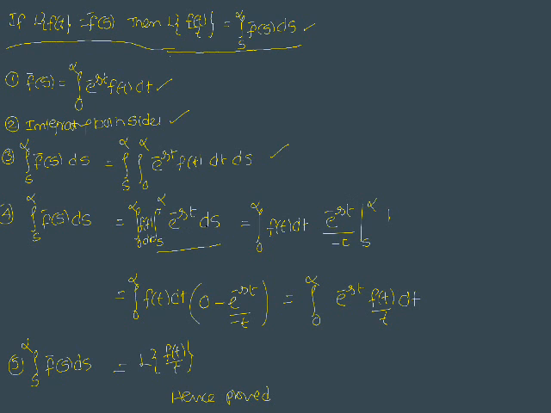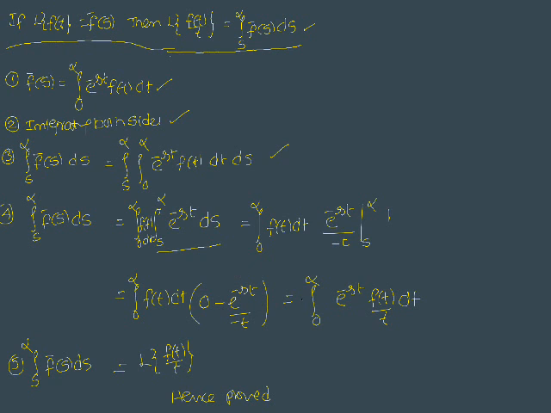So ds and the relevant terms, f of t dt, the remaining terms I am writing inside the 0 to infinity integral. So the integral from 0 to infinity of f of t into dt, and the integration of e power minus st is nothing but e power minus st by minus t between the limits s to infinity. So if you do that, you are going to get 0 minus e power minus st by minus t.